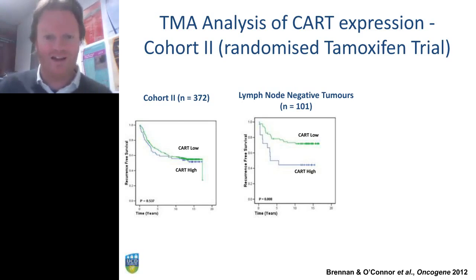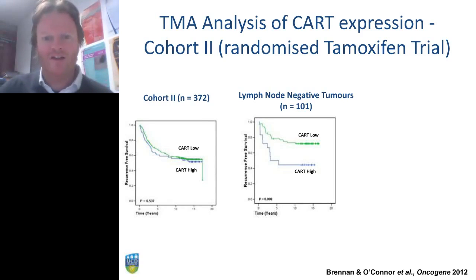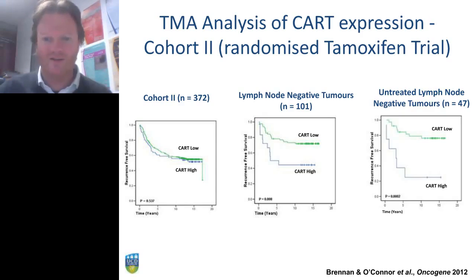But this cohort actually did have half of the patients who were randomized to receive placebo and received no treatment. So we were able to look not only at lymph node negative tumours alone, but specifically at untreated lymph node negative tumours and examine the pure prognostic potential of CART in these patients.